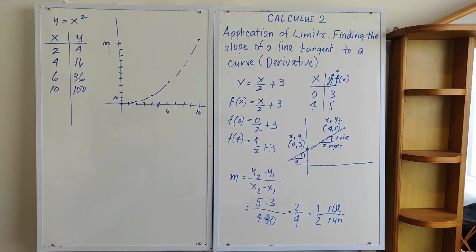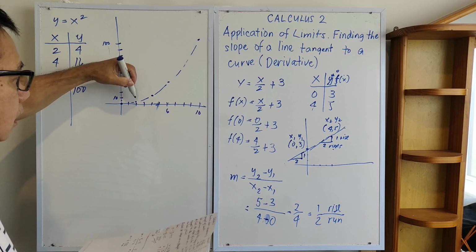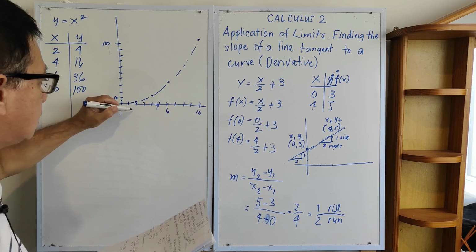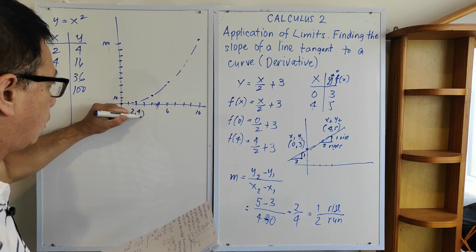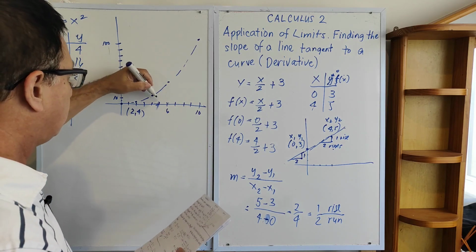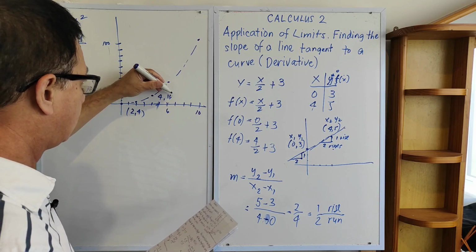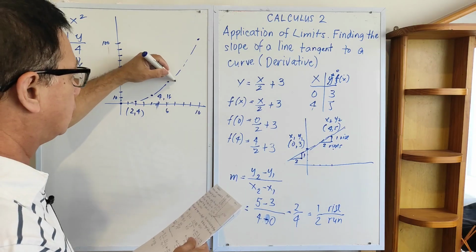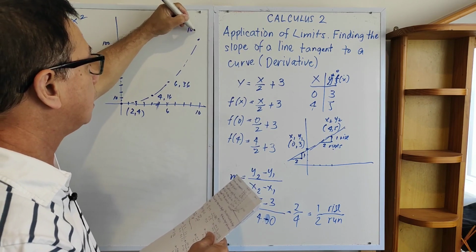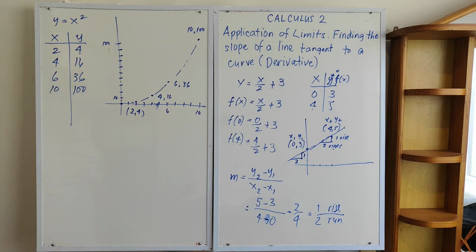Now this point is 2, 4, this is 4, 16, this is 6, 36, this is 10, 100.